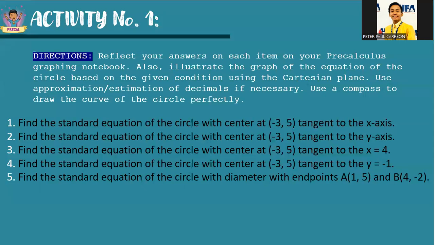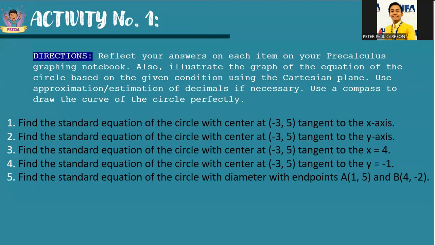But as you can see, these are problems which are different from the ones that we have done in our previous video lesson. So in here, you have to think about the importance of constructing the center-radius form. It means that you have to identify first the center and then the radius of the circle.